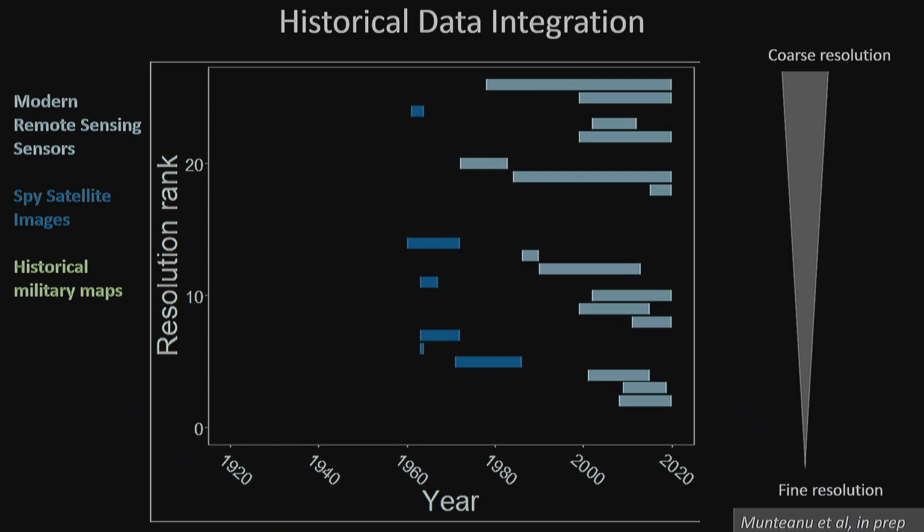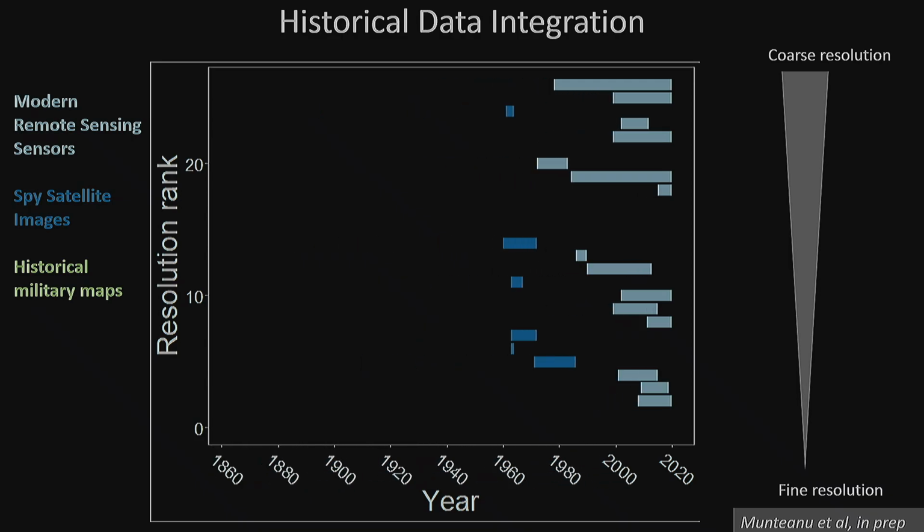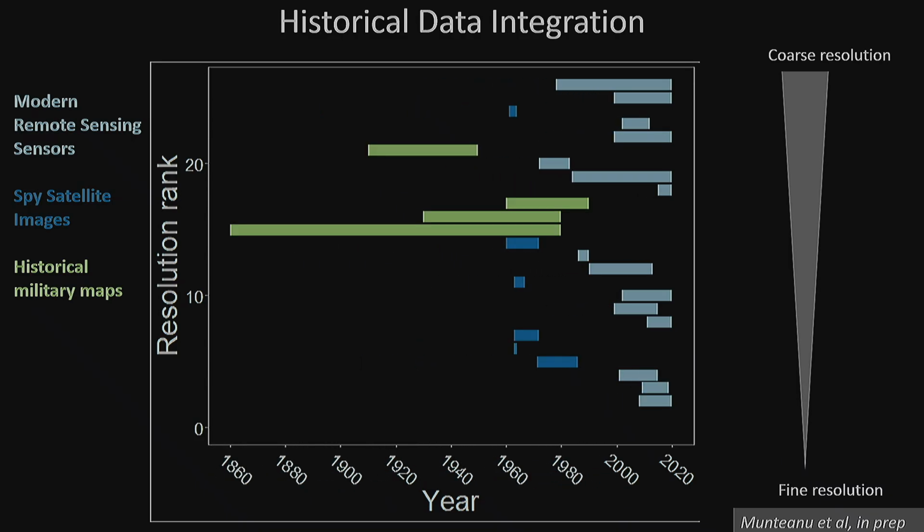And if we need to go even farther back in time, we can use data that was also collected for military purposes, and you've seen a lot of that today. Dominic has shown you some examples from the area that I come from, the Carpathian region. Empires were keen to map their territories, and they did so very assiduously and very accurately, and that allows us to extend the temporal extent of data as far back as two centuries ago.